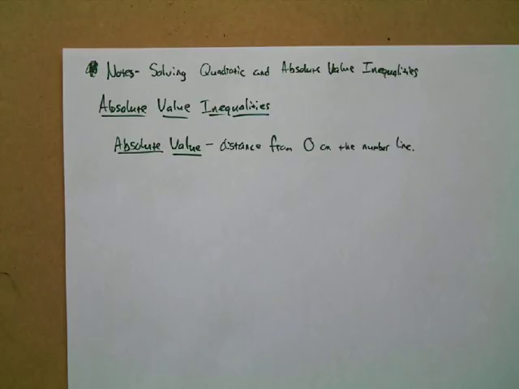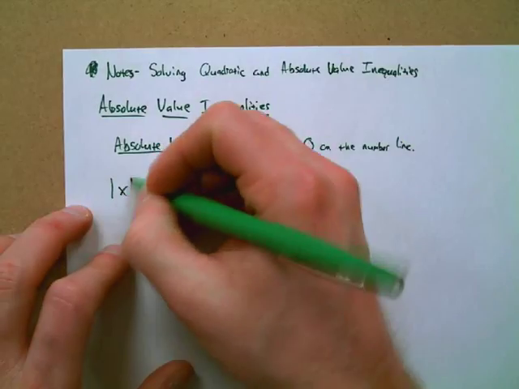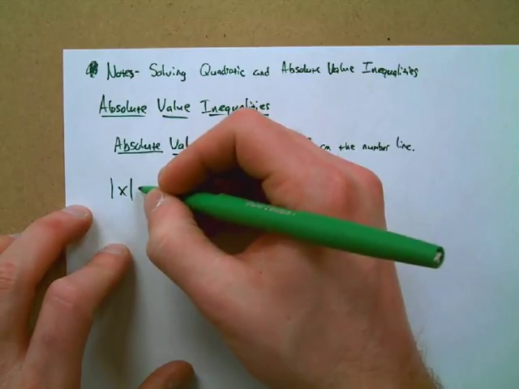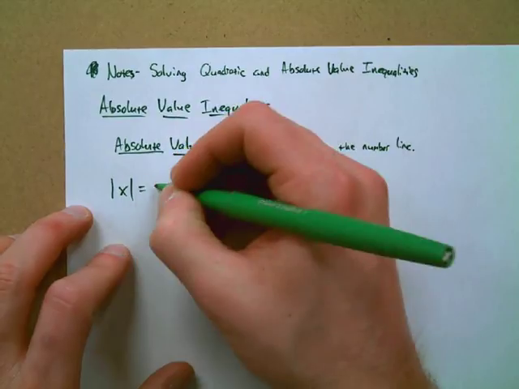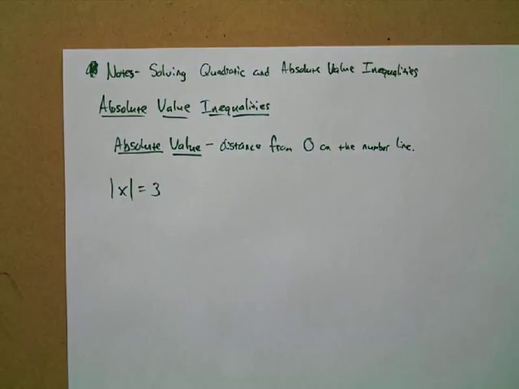So, when we see a basic absolute value like the absolute value of x, and let's say it equals 3, this is an equation, obviously, because it's got the equal sign. But the better, more conceptual way to think about this is: the absolute value of x means the distance of that thing from 0, and we want it to be 3.